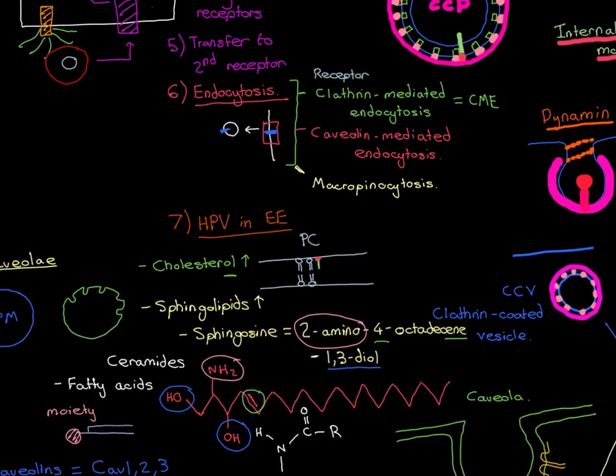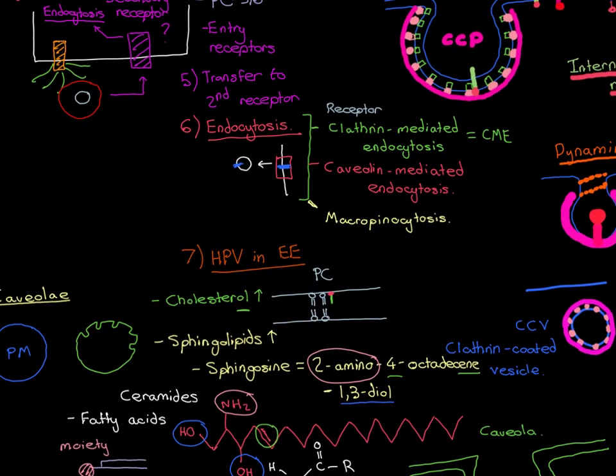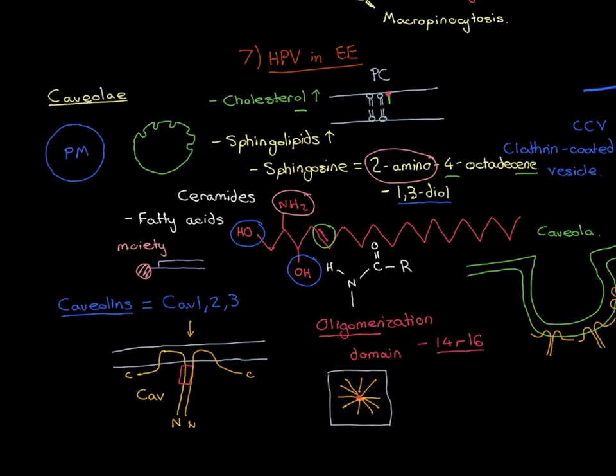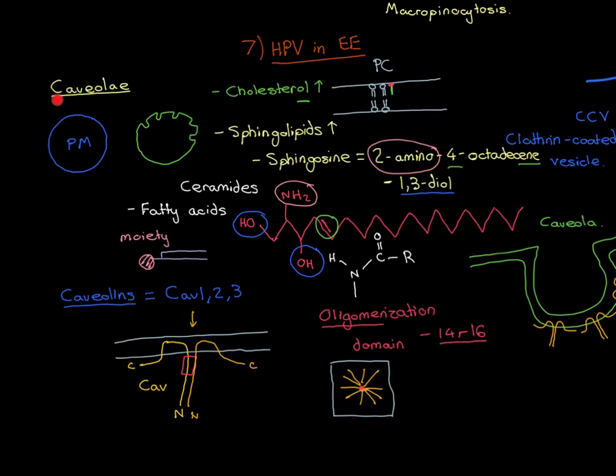So let me summarise what we've just been through, because it's a complicated story, mainly because so much is unknown. The clathrin-mediated endocytosis process is much better understood than the caveolin-mediated endocytosis pathway. So let me highlight what we do and what we don't know. So what we know is that caveolae are present in many different cell types.